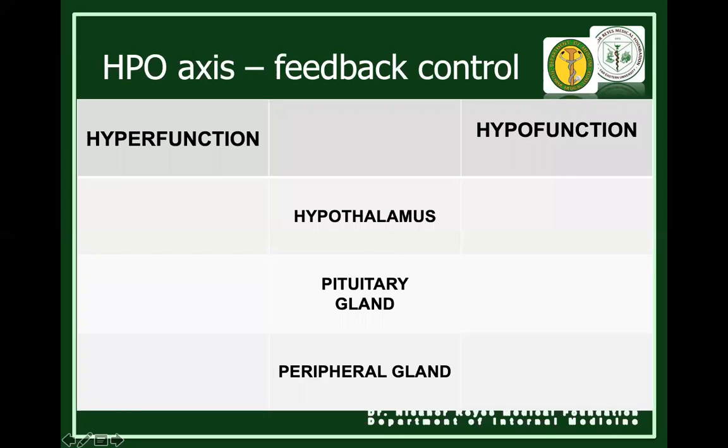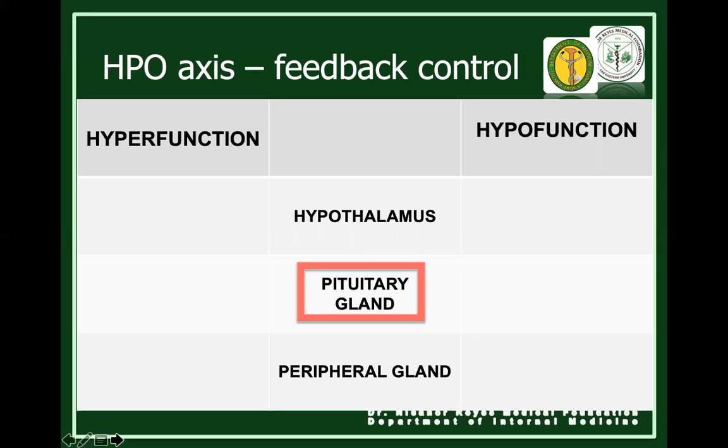However, your hypothalamus and pituitary and your peripheral gland might have some problems, and that will be the start of disorder. So the two main pathologic disorders that we can have would be an excess, which is the hyperfunction of your pituitary, and hypofunction.